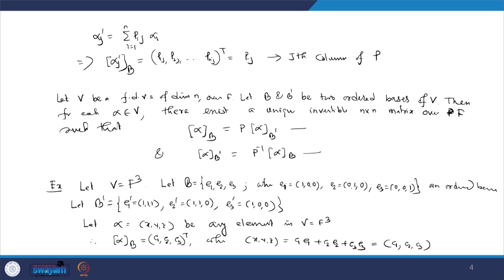So, if we simplify, then I am getting C1 E1 plus C2 E2 plus C3 E3 equal to (C1, C2, C3). This implies the coordinate matrix of alpha with respect to the standard ordered basis will be (x, y, z) transpose. This is one.